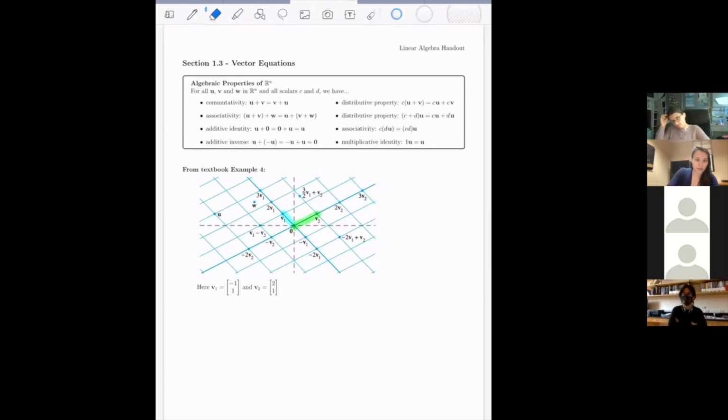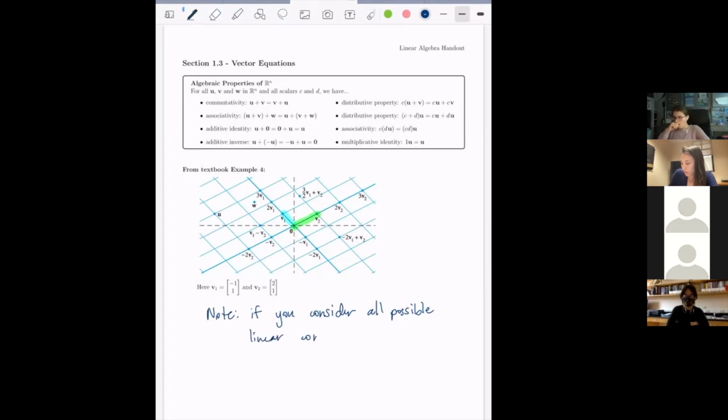Let me write that out. Note that if you consider all possible linear combinations of V1 and V2, it will cover all of R2.